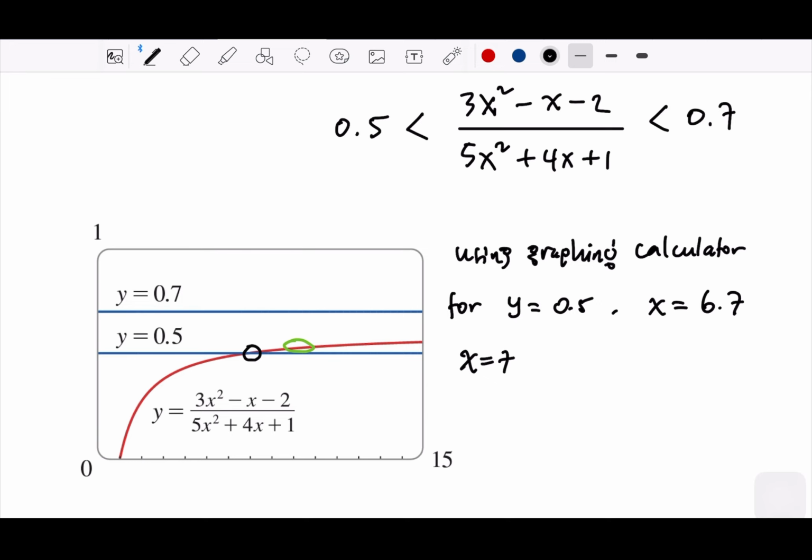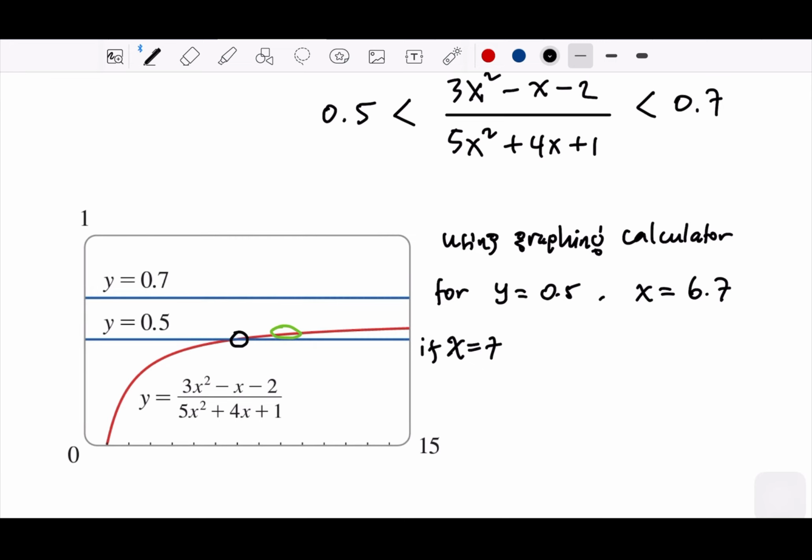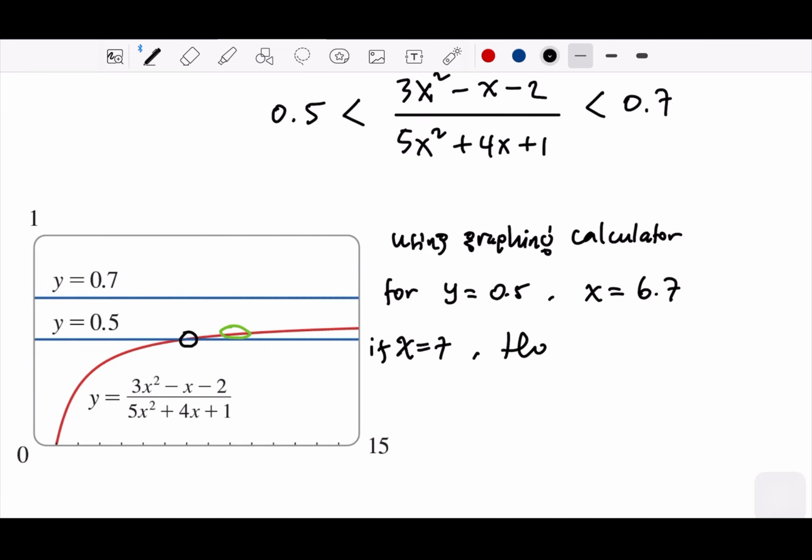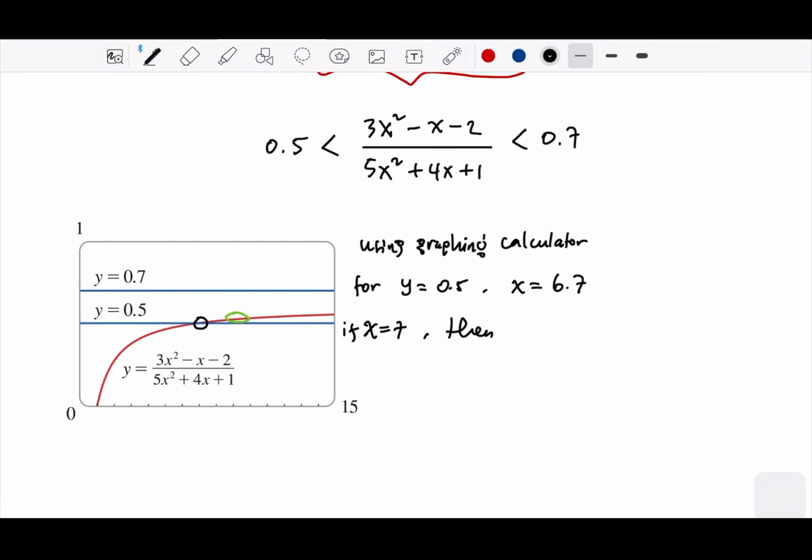So if x equals 7, then the rest of the equation, we write it as this original equation minus 0.6, and this will be true.